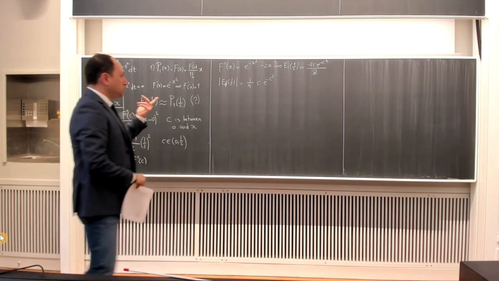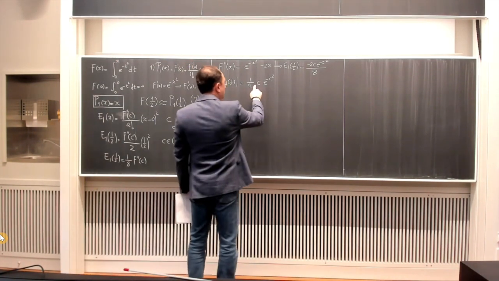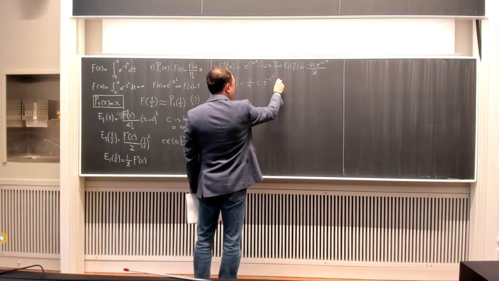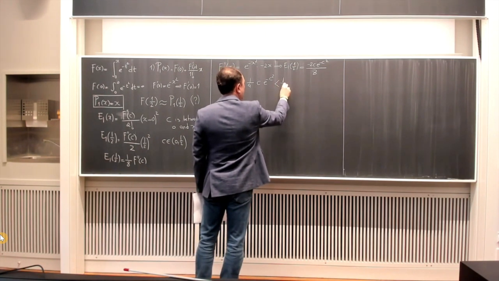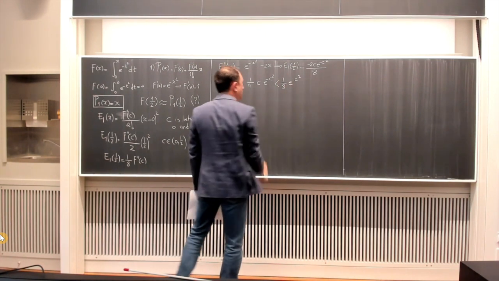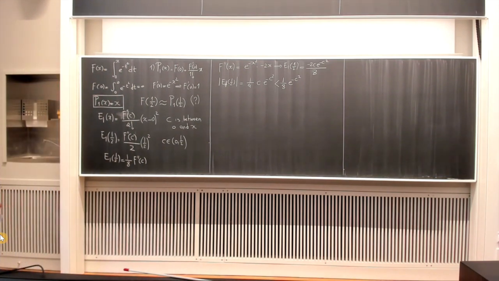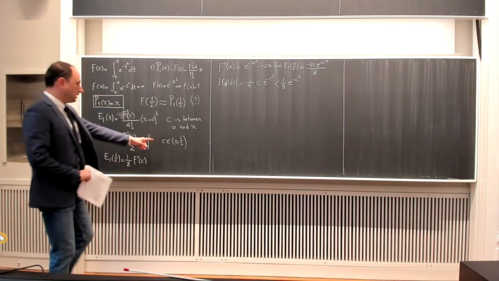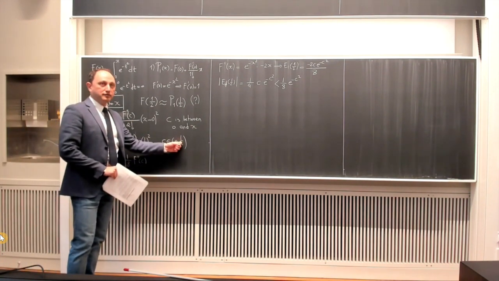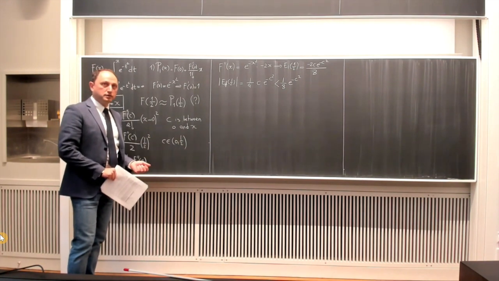Okay, first of all, do you believe that this is smaller than 1/8 e to the power of -c squared? Do you believe what I have written is correct? Because c is at most 1/2, it doesn't reach 1/2.